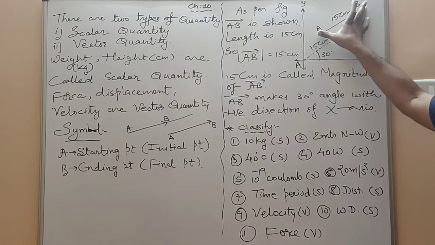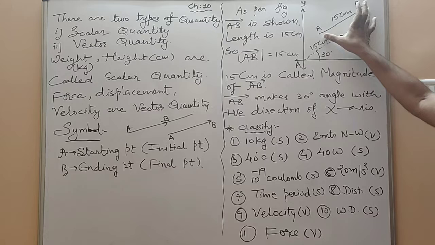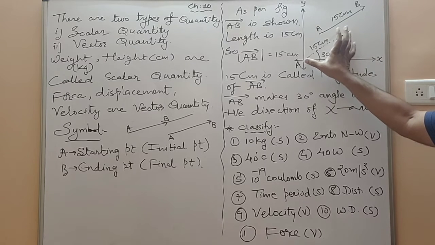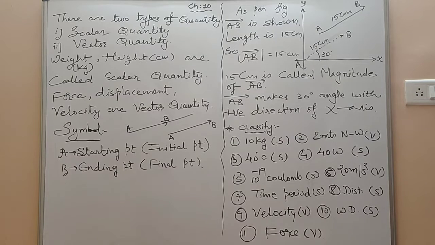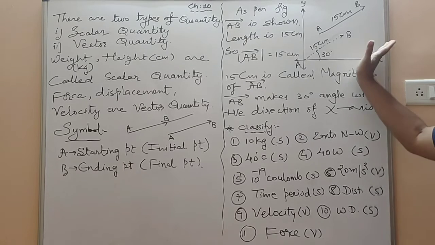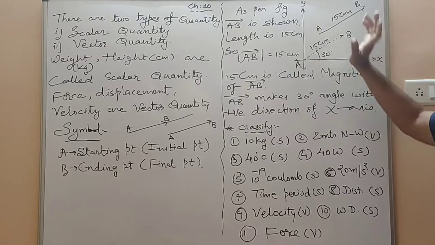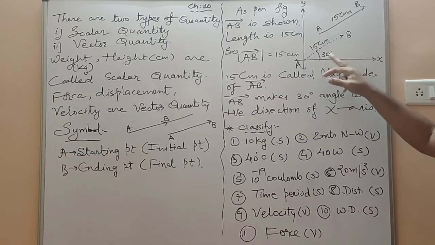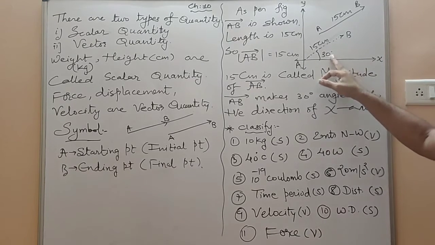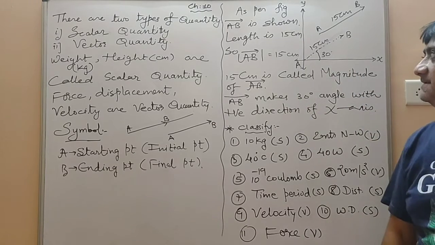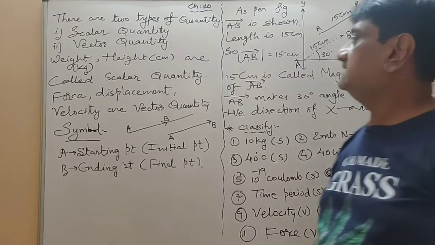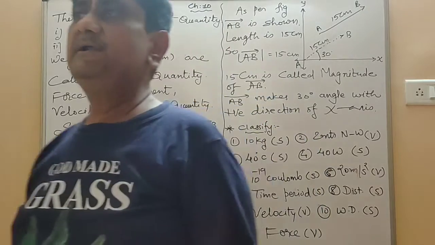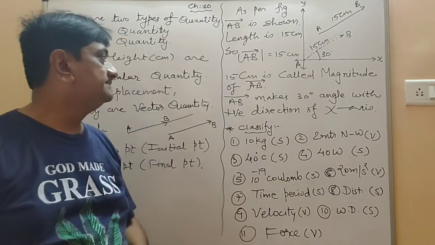This AB, put this AB on the origin, same position, same format. It is shown that the angle made by this vector with the positive direction of the x-axis is 30 degree. Then it is a direction, and the magnitude of AB is 15 centimeter. Magnitude means one type of length.